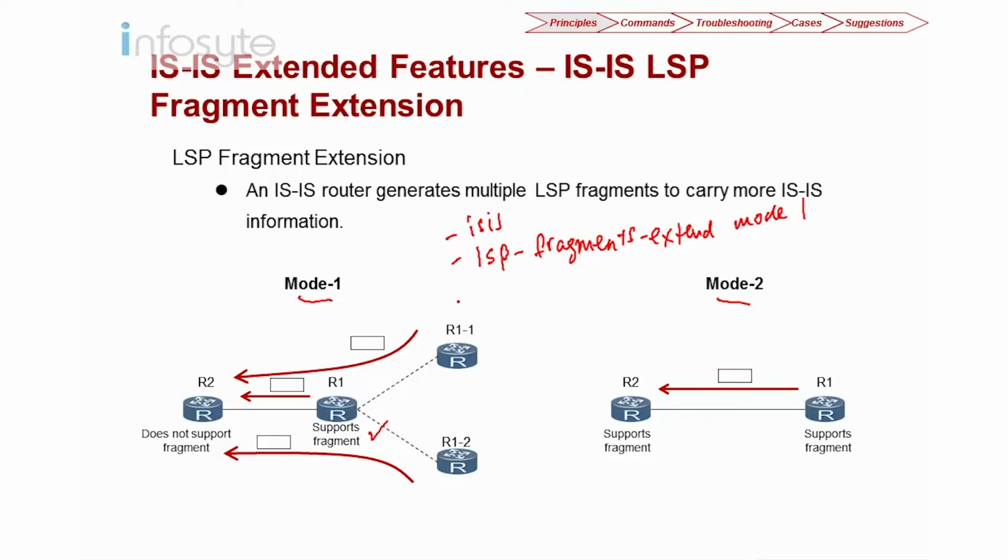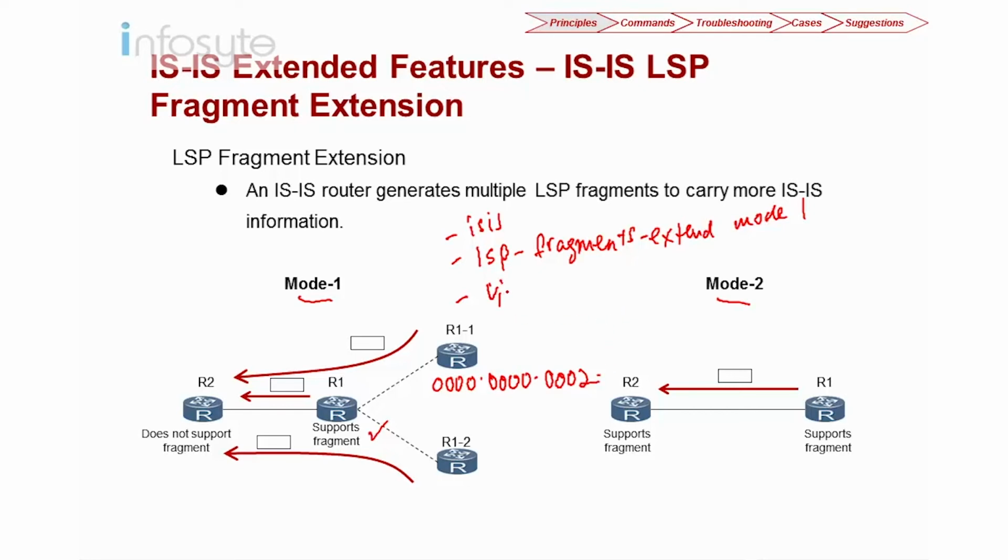And once you have enabled the fragment extend feature, you are going to tell it what your virtual system ID is. So the virtual system ID is basically referring to this particular ID mentioned just now. So this is the ID I'm going to use.